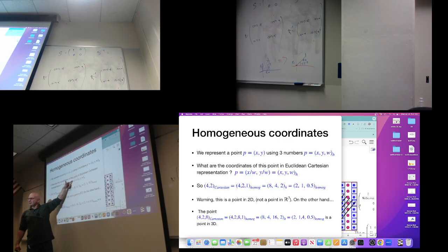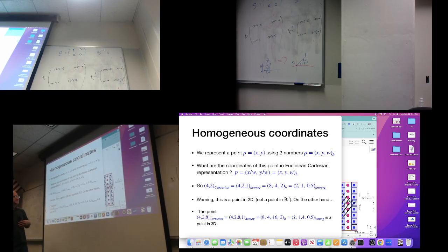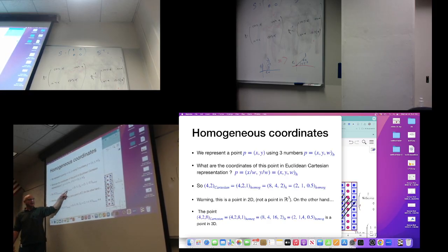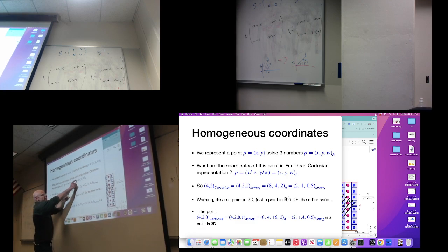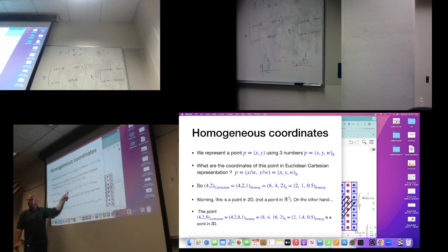Again, the justification for all this gymnastics is that I want to do translation via homogeneous coordinates, which you still don't know how. I still didn't tell you how, but at least that's a first step. So if I want to write a point 4, 2 in Cartesian coordinates, I can write it as 4, 2, and w is 1.